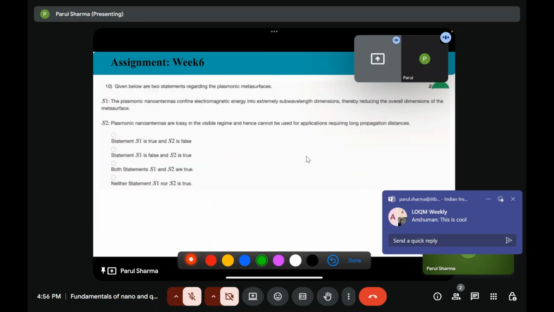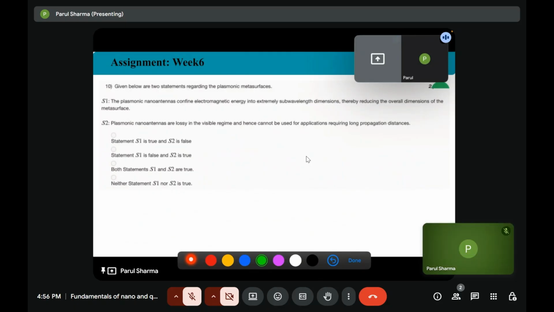The next question: given below are two statements regarding plasmonic metasurfaces. The first statement is that plasmonic nano antennas confine electromagnetic energy into extremely subwavelength dimensions, thereby reducing the overall dimension of the metasurface.